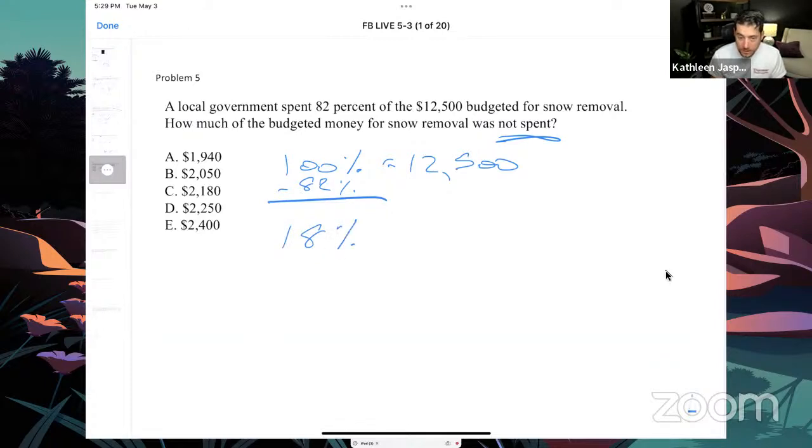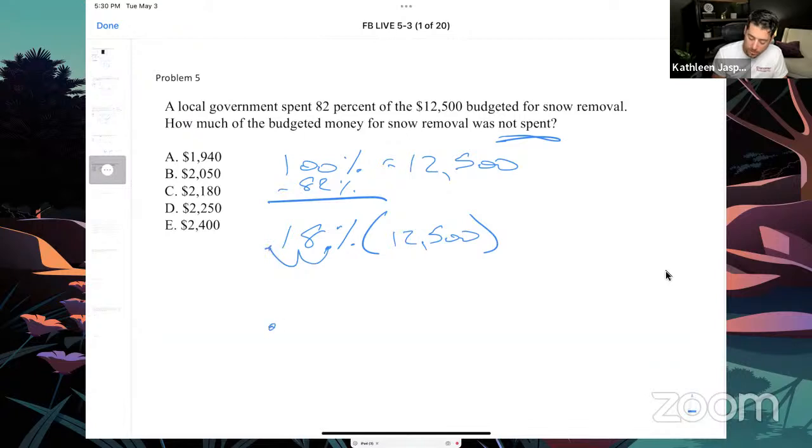So that would make sense, if I did 18% of our value, that would give me the amount that wasn't spent. So take your 18%. How do we change a percent to a decimal? You can do it a couple of different ways. You can put the decimal point at the end here, and it always goes 1, 2 to the left.